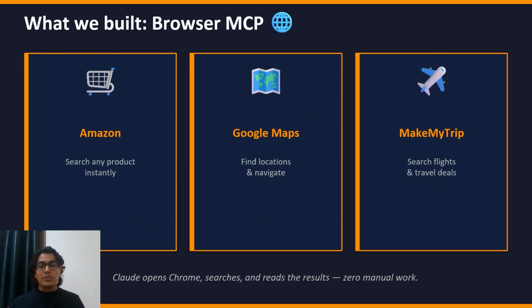You tell it it should be delivered within 2 days because I get very excited because of my Amazon products, something like this, right? So all these filters you can ask and it is going to do it for you. Same way with Google Maps, you can ask it to navigate by the shortest route to a certain place. So again this can be done, right? You can ask it to go to MakeMyTrip and search for some flights, right? So everything can be done using MCP.